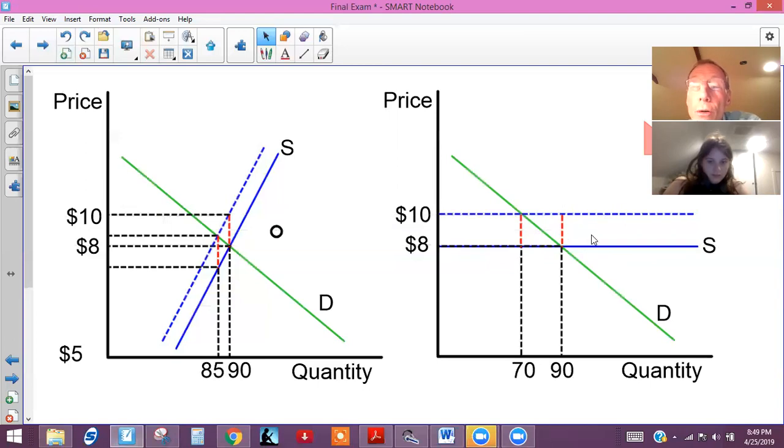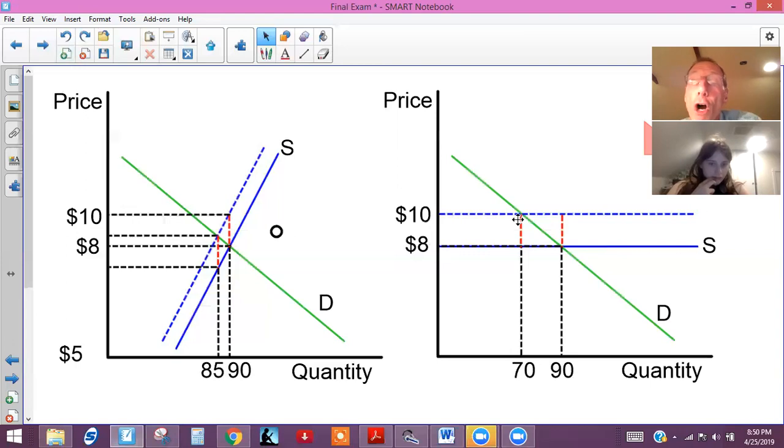But here's the thing. The revenue, the average revenue that the company makes is still 8, because even though the price goes up to 10 and the consumer has to pay an extra $2, that whole $2 goes to the government, right? Because it's a tax, $2 per unit.